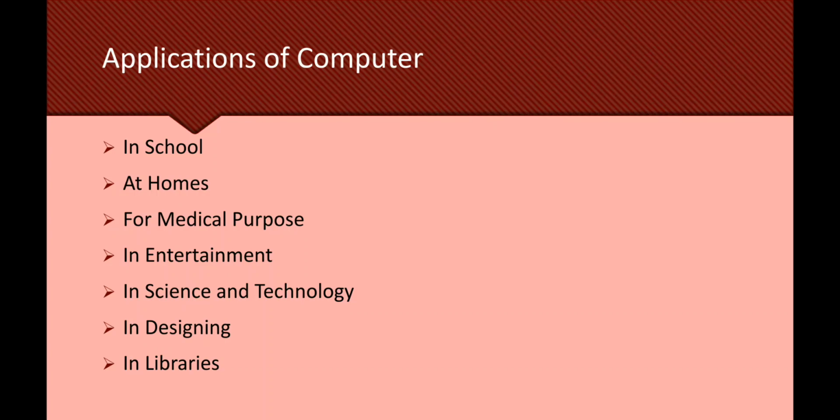Then creating characters and scenes for the various acts, adding special effects, transitions, animations. This kind of thing is used in entertainment, and it is a part of the computer system. So that is how it is used in the entertainment field.